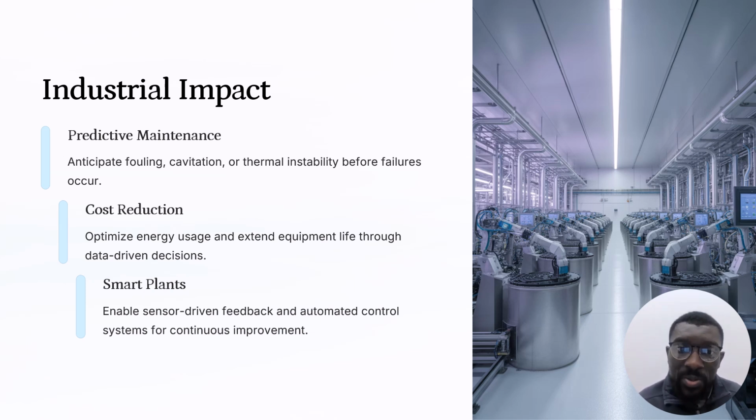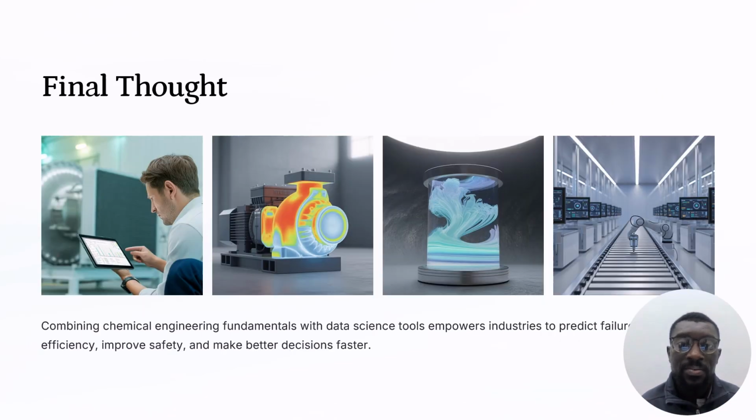We also talk about industrial impact: predictive maintenance to anticipate cavitation and thermal instability before failure occurs; cost reduction by optimizing energy usage and extending equipment life through data-driven decision making; and smart plants, which enable sensor-driven feedback and automated control systems for continuous improvement.